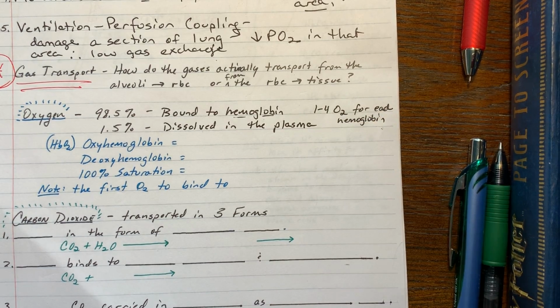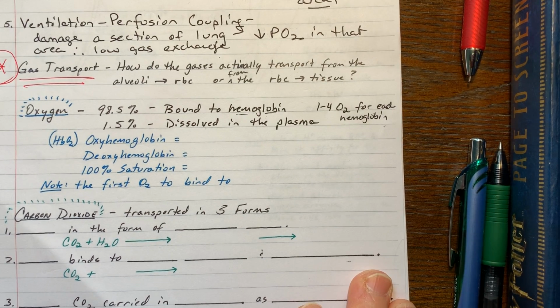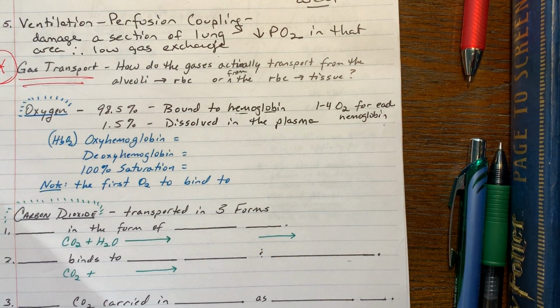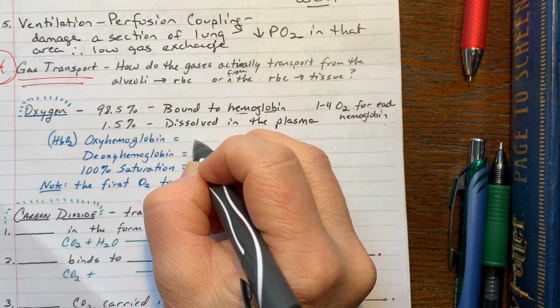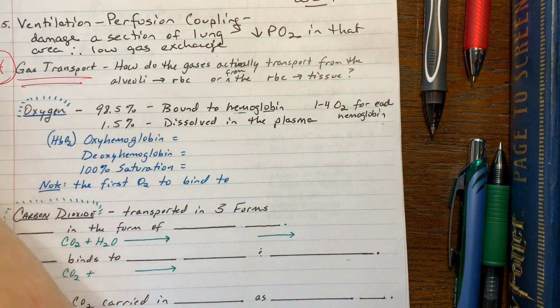Okay, hope you can see that. What does oxyhemoglobin mean? It means that the hemoglobin has oxygen. That's pretty basic. The word itself says oxy.